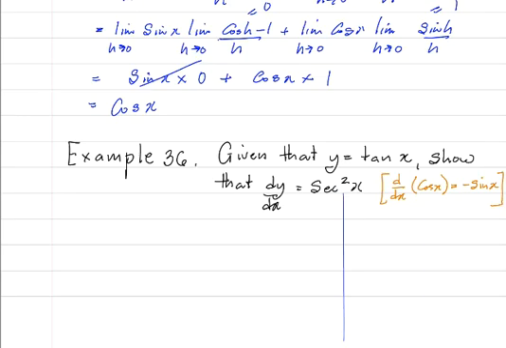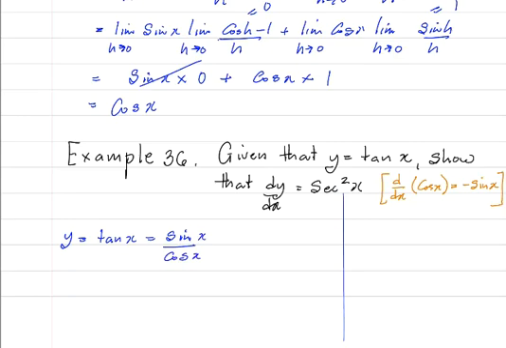All right, so here we have y is equal to tan x, and tan x is equal to sine x over cosine x.